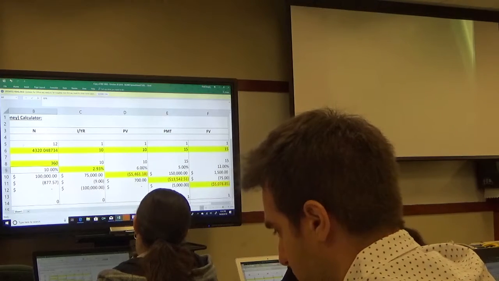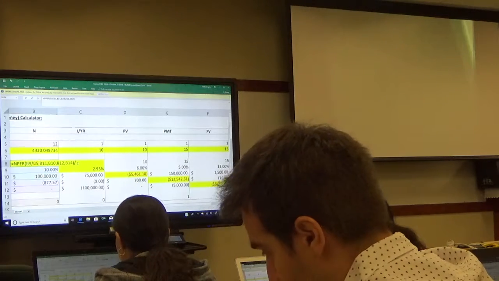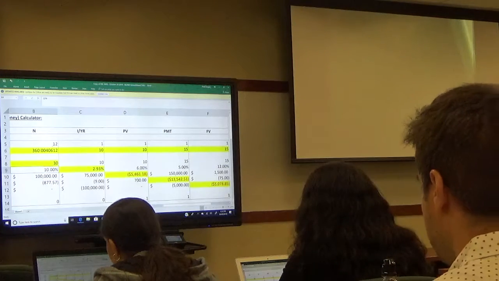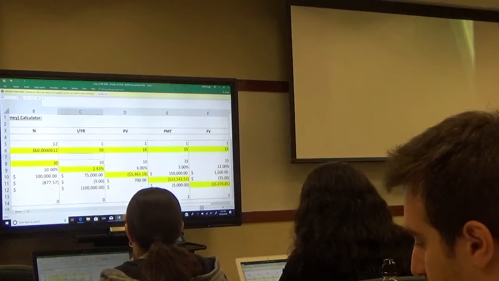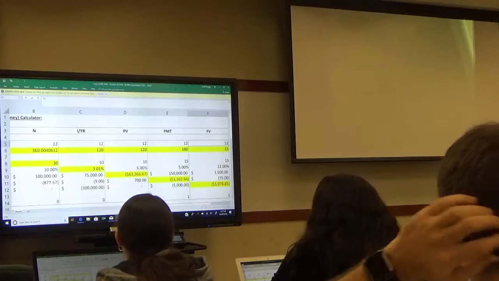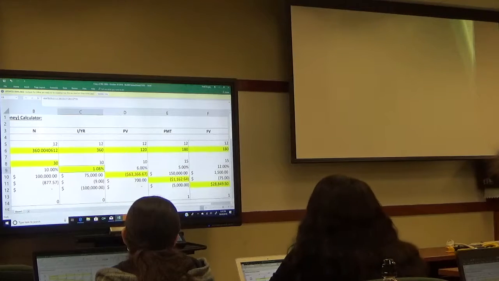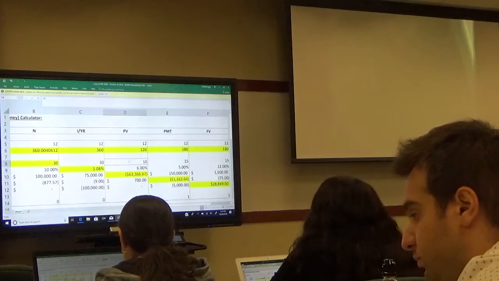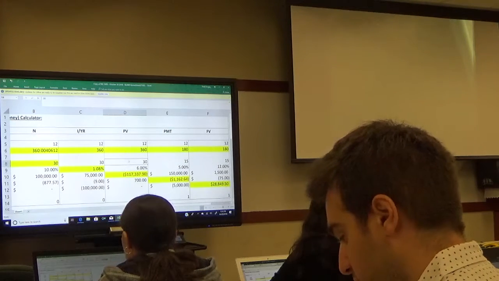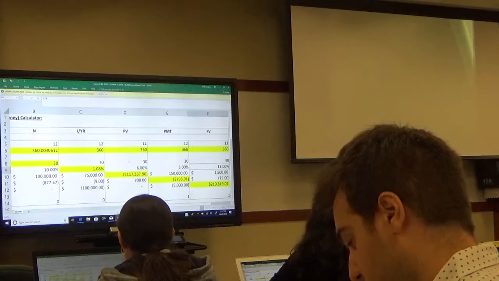So in order to make it a monthly number, we've got to divide it by B5, which is the 12. Once again, pluses and minuses matter, as does the order of operations. Okay, so all these back to normal.